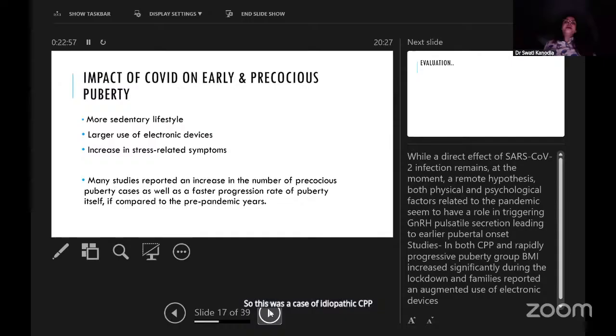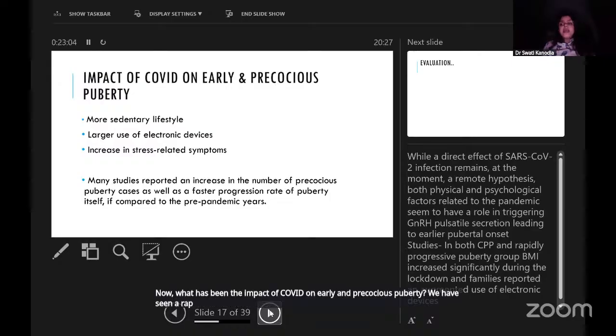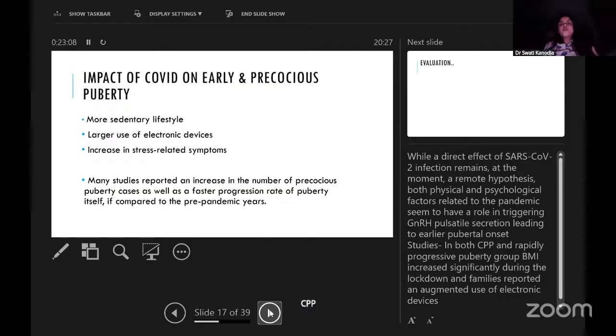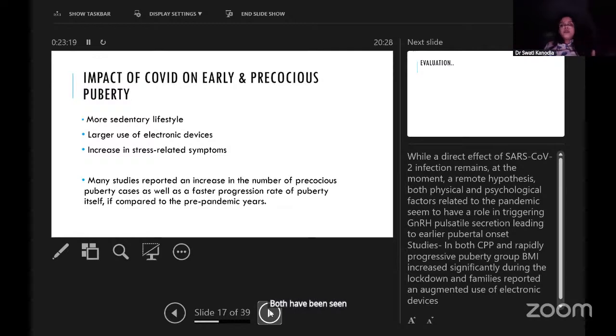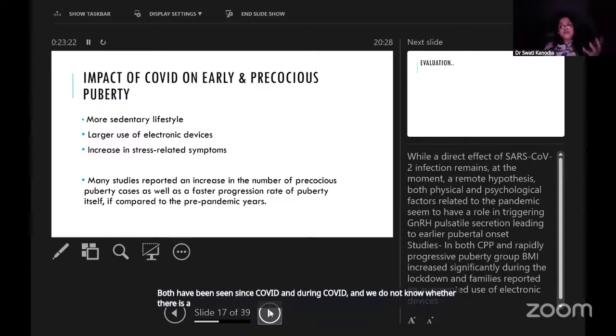Now, what has been the impact of COVID on early and precocious puberty? We have seen a rapid surge in both CPP, that is central precocious puberty, and rapidly progressive puberty, that is puberty starting at normal time but rapidly progressive. Both have been seen since COVID and during COVID, and we do not know whether there is a direct effect of the infection.